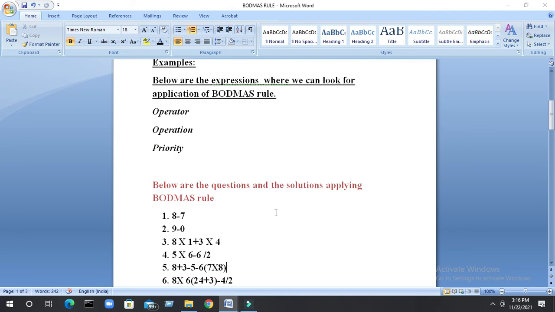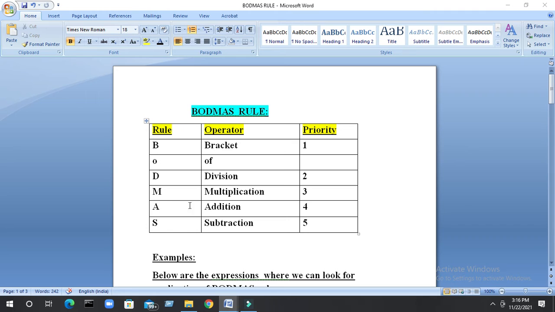Now in the table above, as I am showing you here, we have the definition for the BODMAS rule. Look here, B stands for bracket, then division, multiplication, addition and subtraction. Here I do have the priority. Always in an expression, when you see a bracket, that is the operation which has to be resolved first, before looking for any other operator.